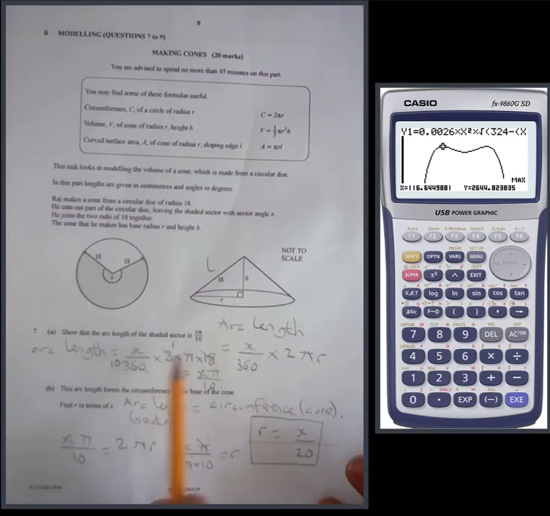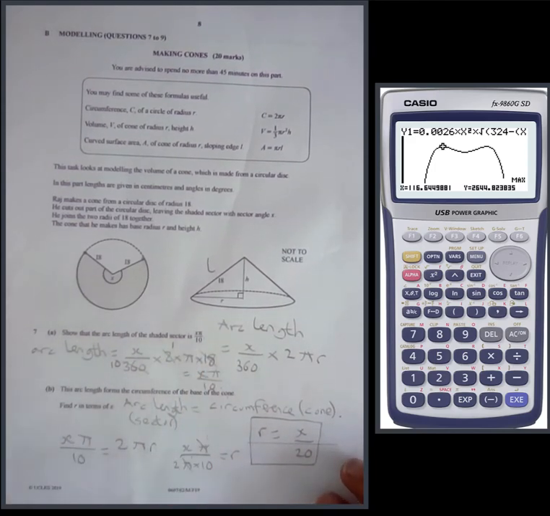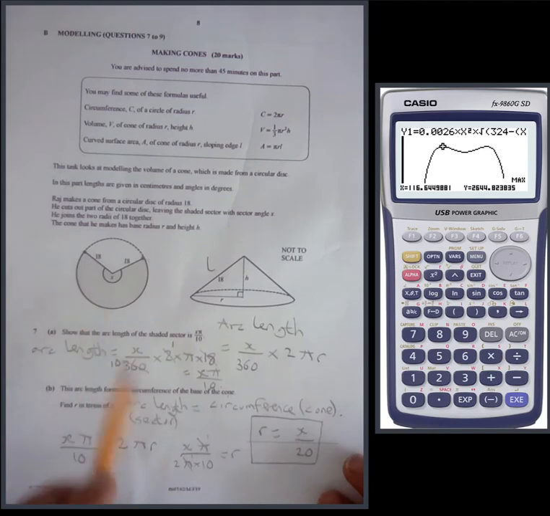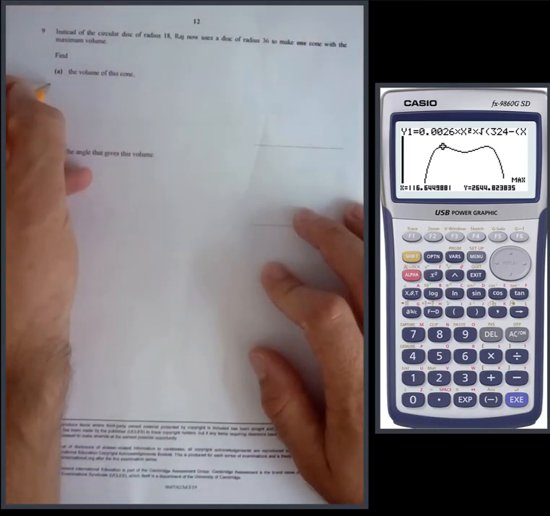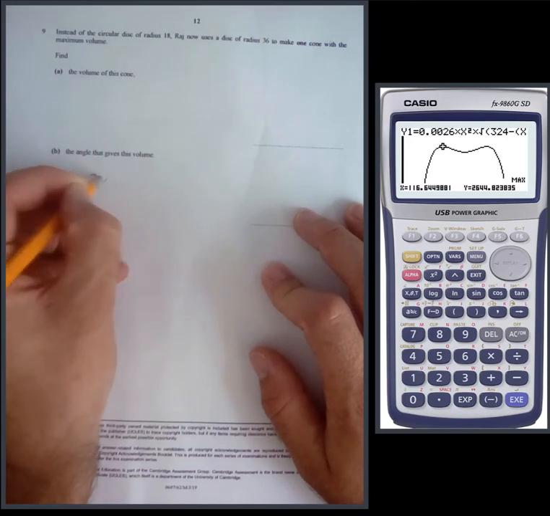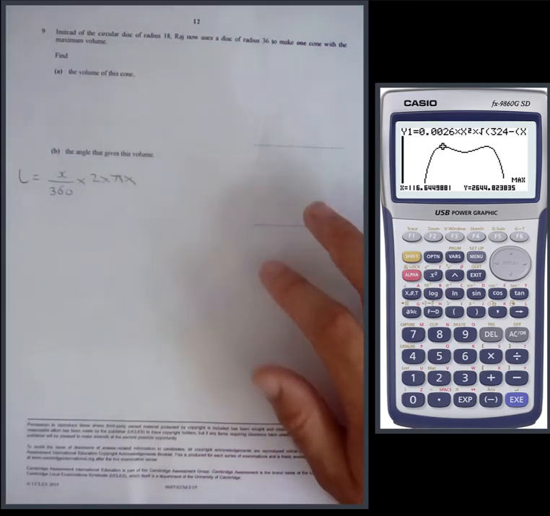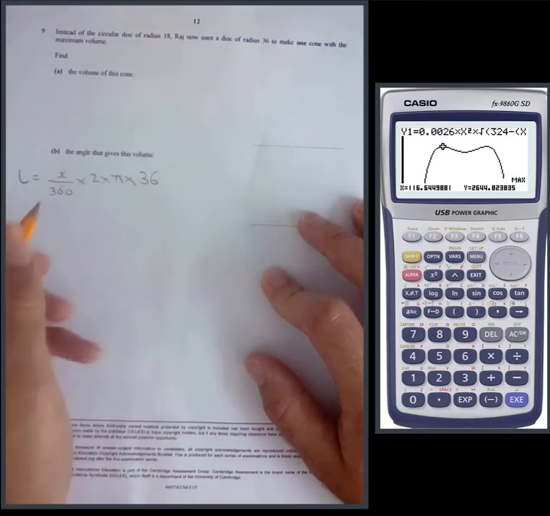so remember, show the arc length of the shaded sector is pi x by 10, or x pi by 10. So what we're going to do, remember, arc length equaled x over 360 times 2 times pi times r. So that means L equals x over 360 times 2 times pi times r, and in this case r is now 36, it was 18, 36, right?